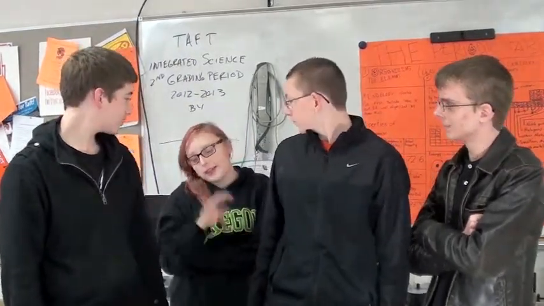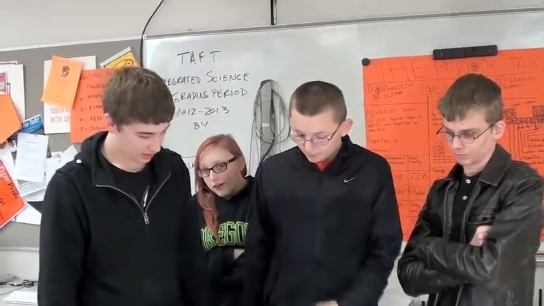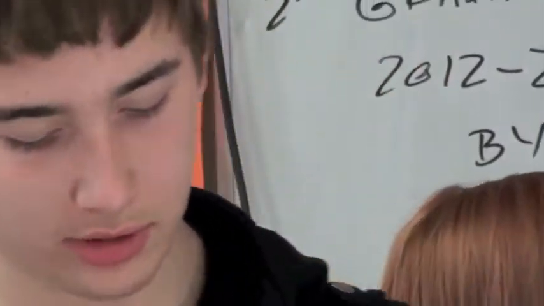I'm Jacob Nutter, and Cassie? I'm John. I'm Nathan. We're doing Chapter 5. Section 1 is about how Mendeleev created the first periodic table in 1869. It was organized by atomic mass.